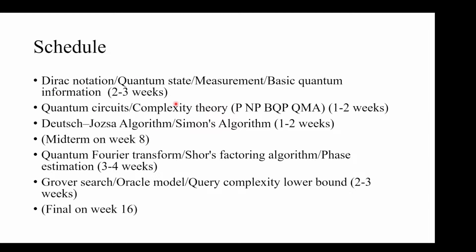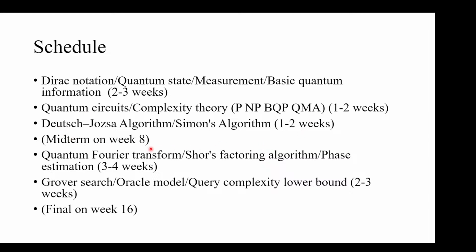We talk about what a quantum circuit is, and we also talk about a bit of complexity theory. So what are all those big-letter complexity classes? There are the famous P and NP. Most people with a CS background have probably learned those, but we'll talk about the quantum part with BQP and QMA. Those are the basics about quantum circuits.